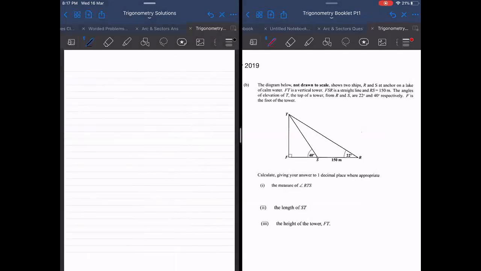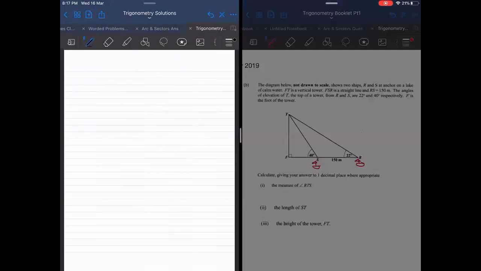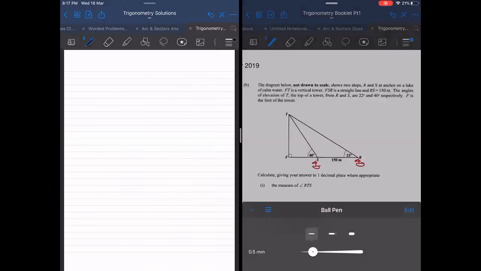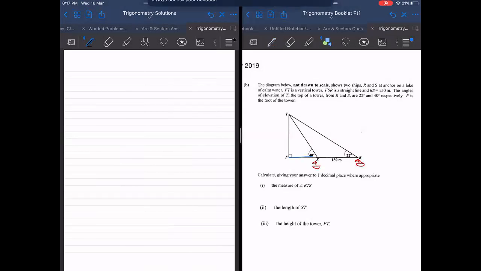Okay, so it says the diagram, not drawn to scale, shows two ships R and S. So we're just going to imagine that we have two ships out here anchored on a lake of calm water. So this is the water.